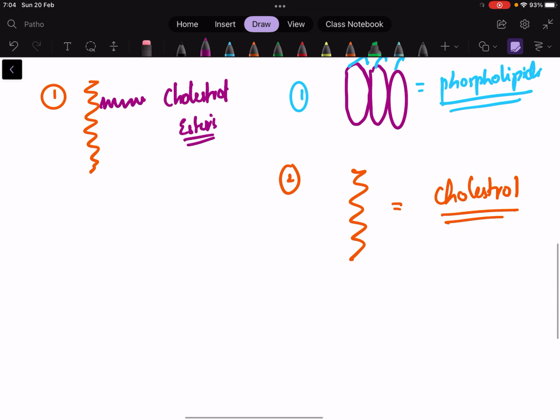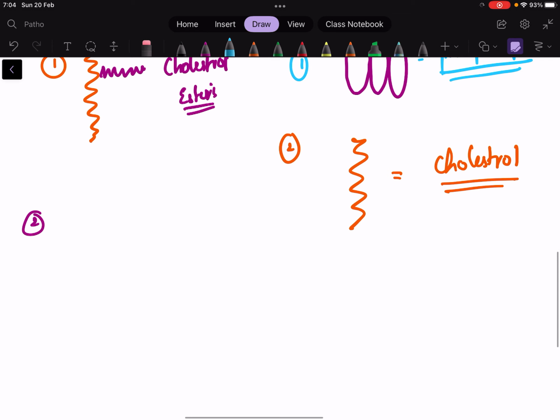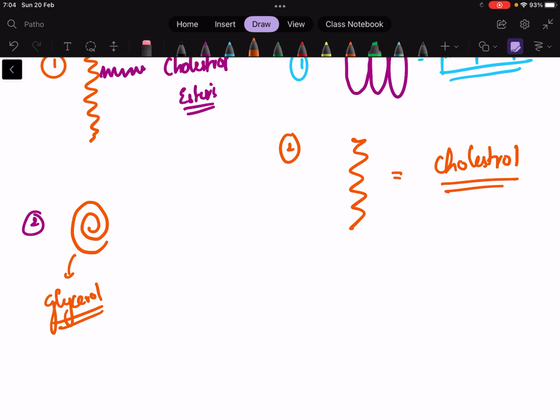Now we don't have to forget one of the important ones we are going to talk about. Those are your glycerol. Suppose this is a glycerol component. To this glycerol there are 3 fatty acids attached. How many fatty acids? There are 3 fatty acids. This is one fatty acid, this is one, and this is one.